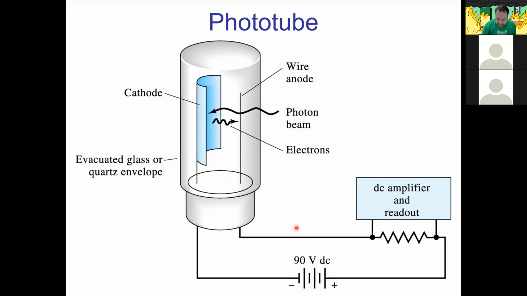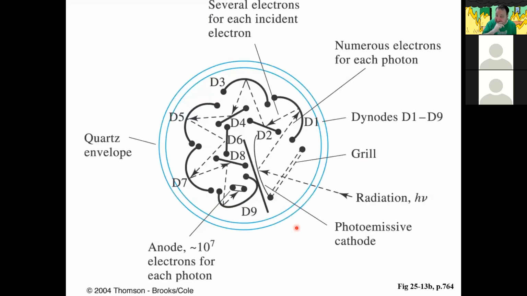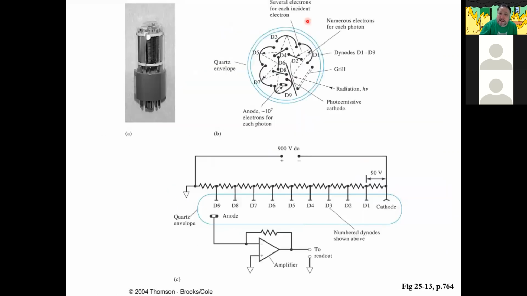Once we measure the current, we're like, good, I've measured my photon. The downside of just the phototube by itself is that that's not a lot. So oftentimes we will use what's called a photomultiplier tube. This is a top-down view of it. We still have a photosensitive cathode, that's this one here.